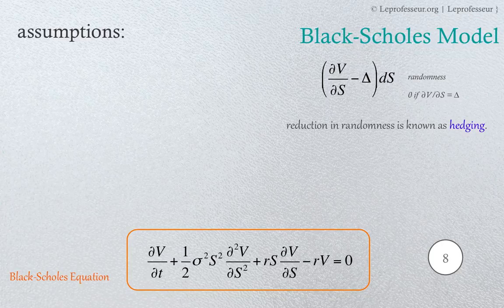But no, there are certain assumptions, and if we don't pay attention to assumptions, there is a danger that we will abuse this equation, and we might end up losing billions of dollars. Similar to what happened to the LTCM company, Long-Term Capital Management company.